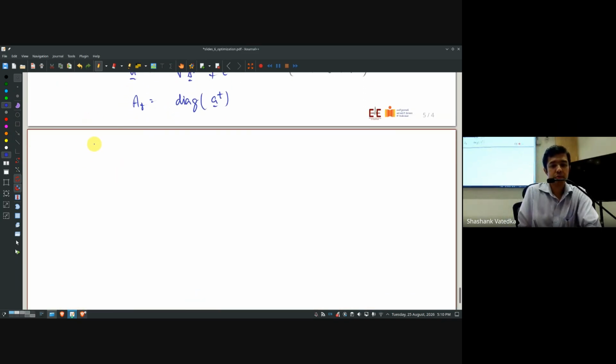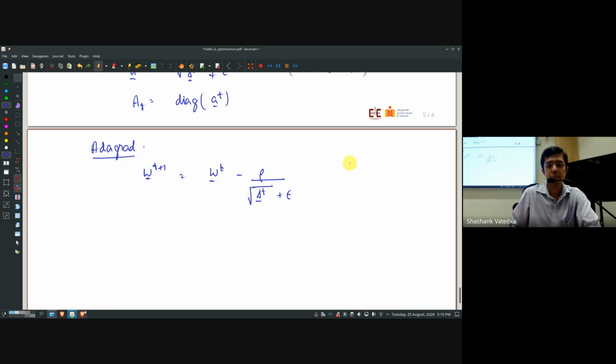So just to summarize, you basically do W t plus 1 equals Wt minus rho divided by the square root of St plus epsilon times Bt.